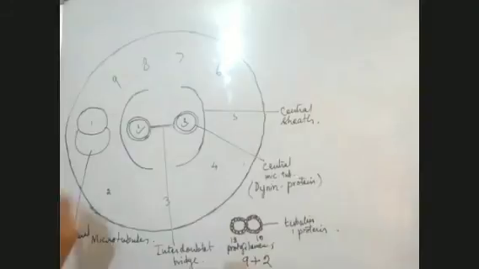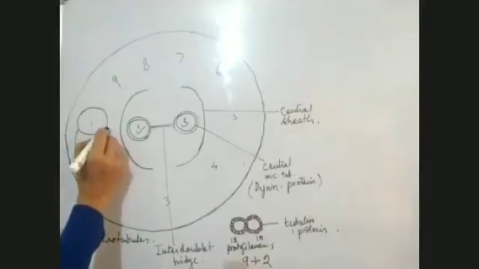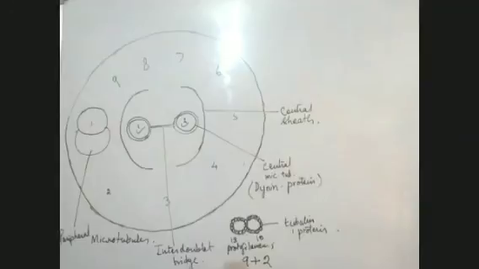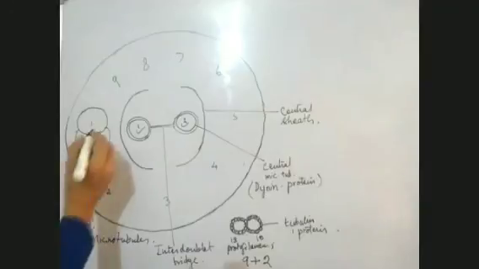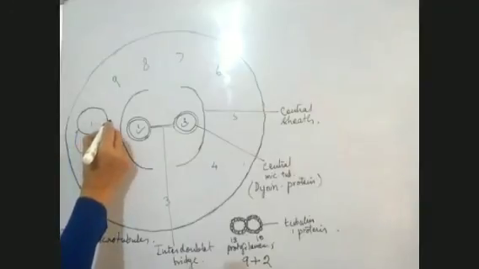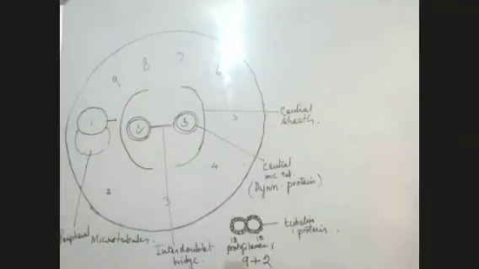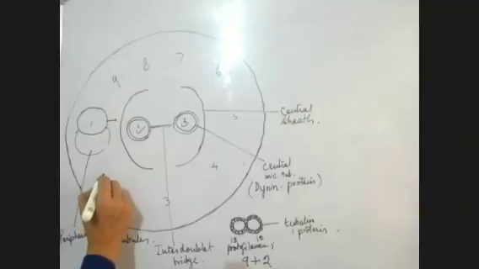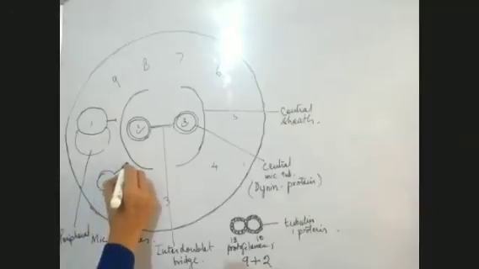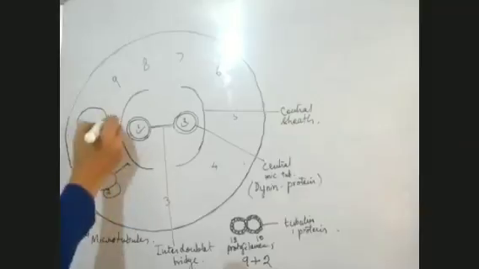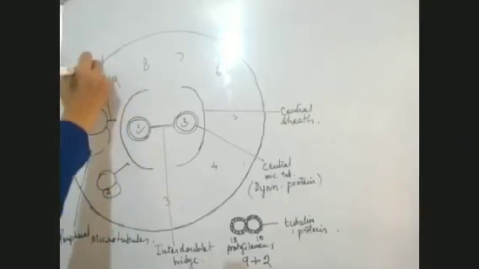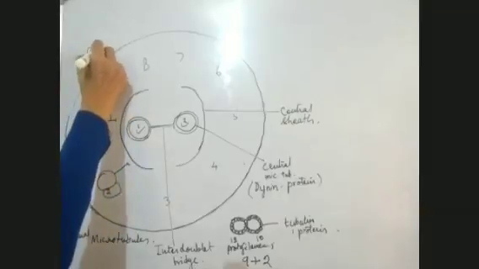And if you have your NCERT book, you will find that from the peripheral microtubules there are some spoke-like structures which come out from each microtubule. If we make one more microtubule here, from here also a spoke-like structure will go out. These spoke-like structures are known as radial spokes.